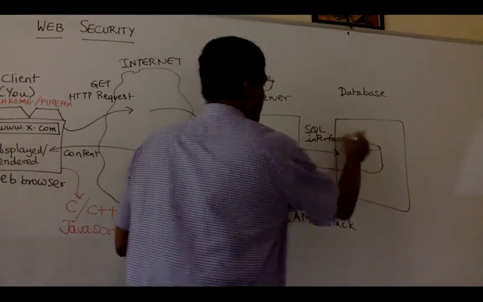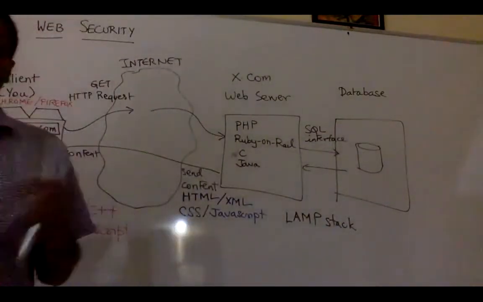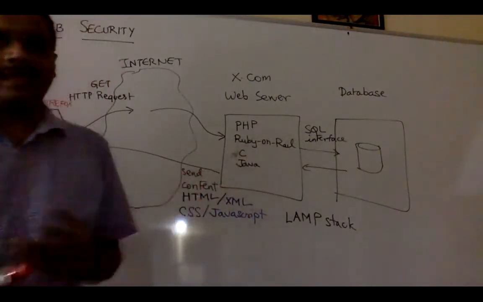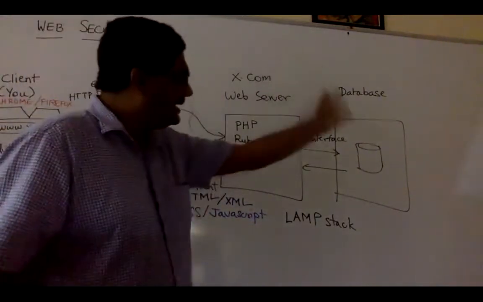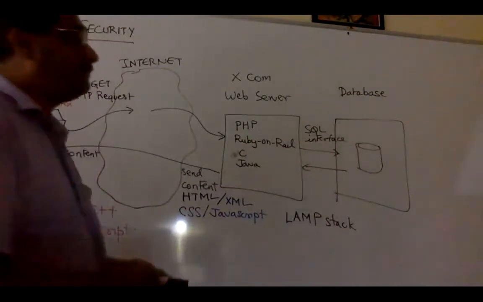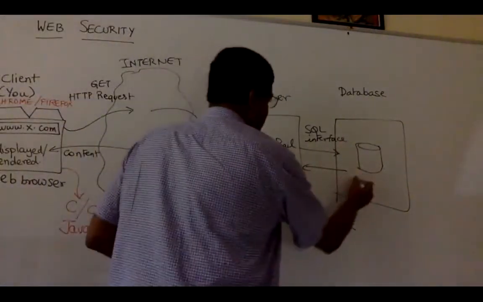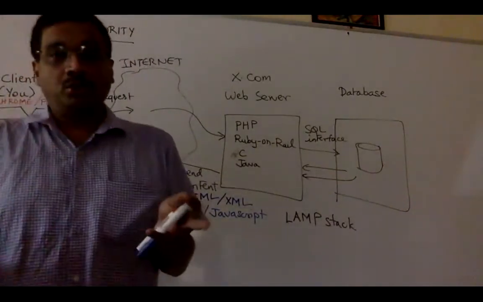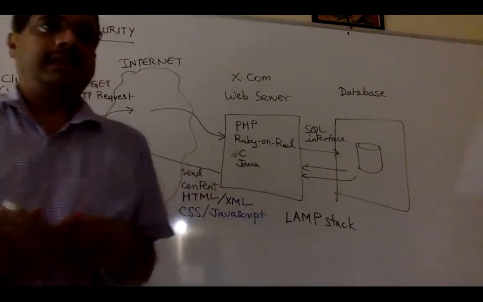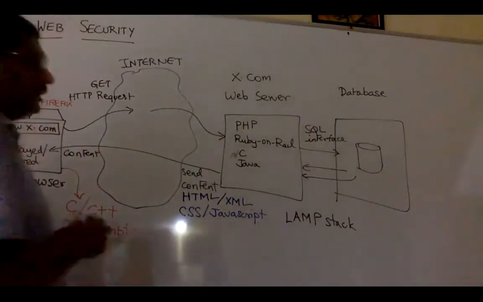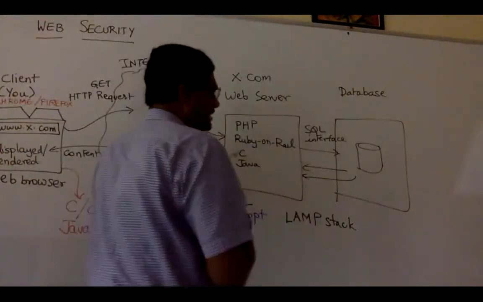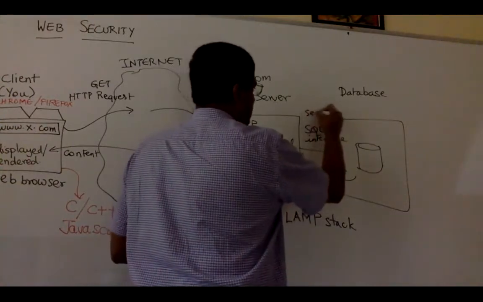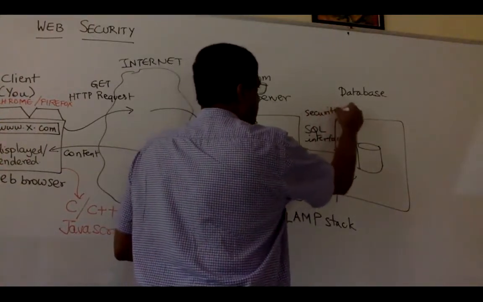So as you well know, databases speak the language of SQL. So the web server generates SQL code, which it then sends to the backend database, which then produces content and sends it back over to the web server, which can then choose to render that content in some appropriate format, right? So for example, you might send an SQL query for all books related to security, right?